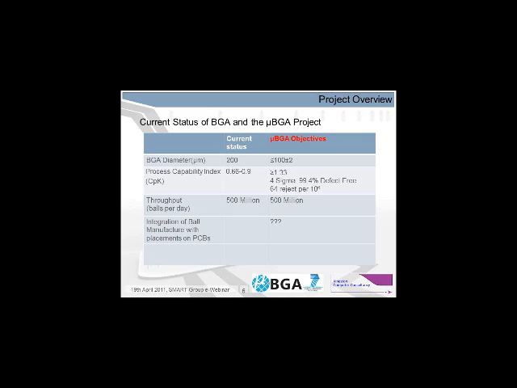In terms of the reliability of the yield, the process capability index measured as a CPK, currently most producers or most consumers of BGAs are requiring 0.66 to 0.9 CPK, which equates to about 2 or 3 standard deviations.